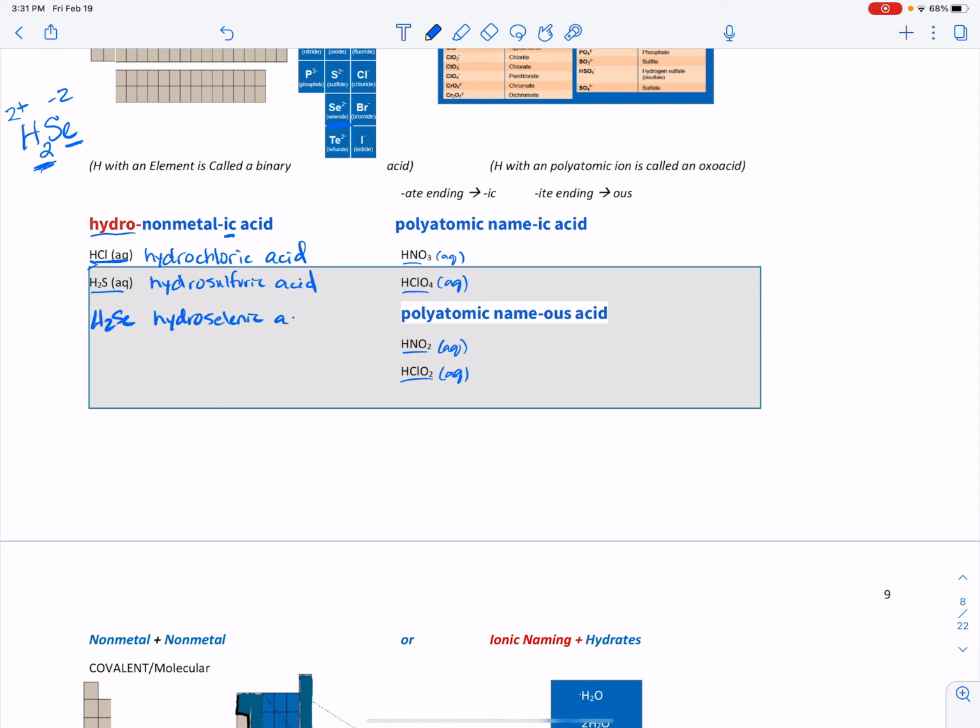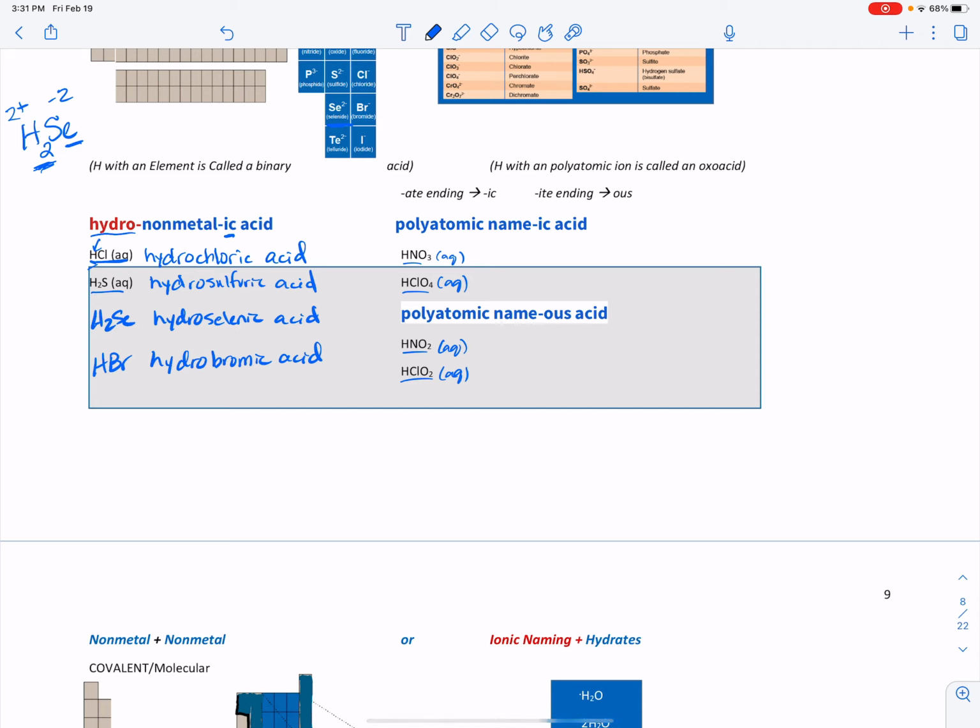Selenic acid. Now try HBr. Hydrobromic acid. So hopefully you're seeing these are all a trend. This is how you name it.